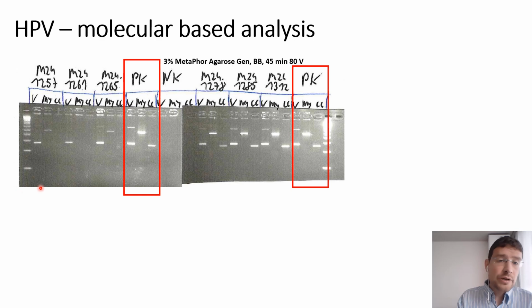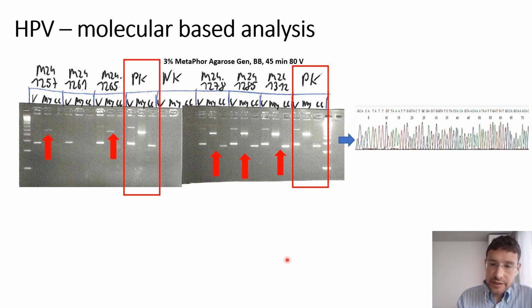When you analyze the other samples of other patients, you can see also that they have a good amplification of versican in every case, positive and negative. And in positive cases, you can see here they do have some DNA which is present in these genes. So you have for sure an HPV infection or HPV DNA in this sample, but you may want to know what kind of HPV type this is.